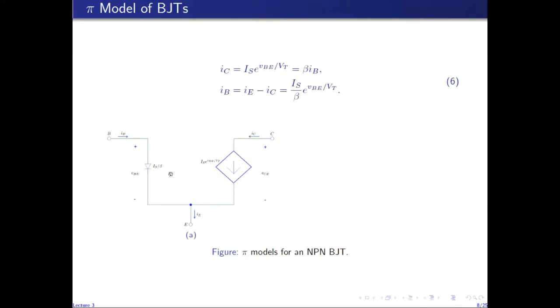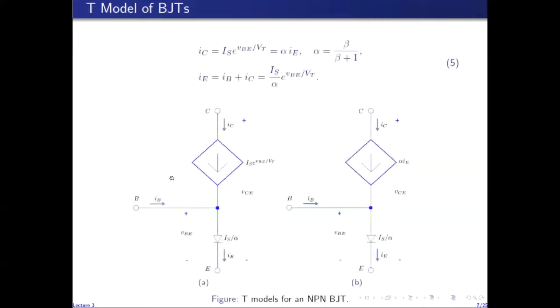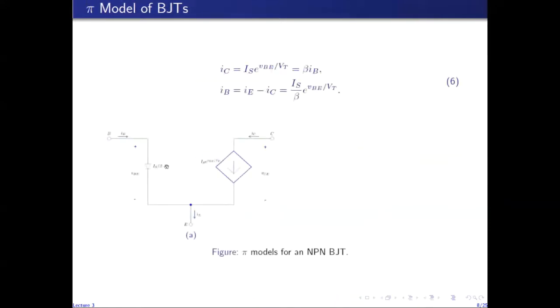Previously, the forward current of the diode was modeled by IE, which was given by IS over alpha. However, in this case, since the forward bias diode has been put in the base branch, the current flowing through the forward bias diode, which is defined by the forward bias base emitter voltage, is IB, and IB is specified by IS over beta.